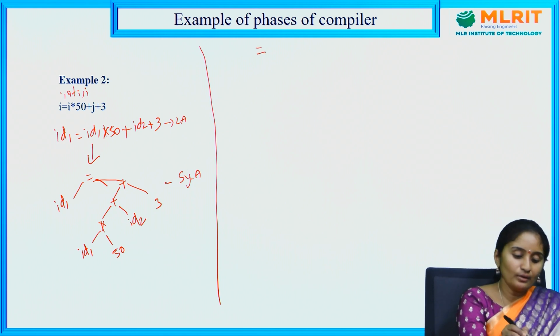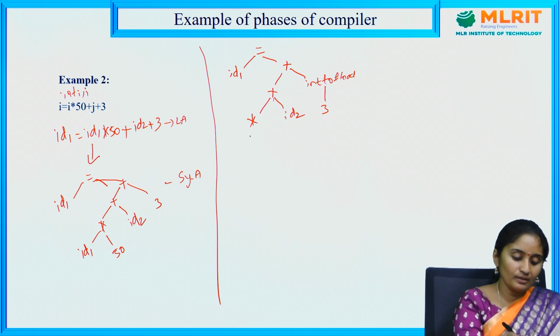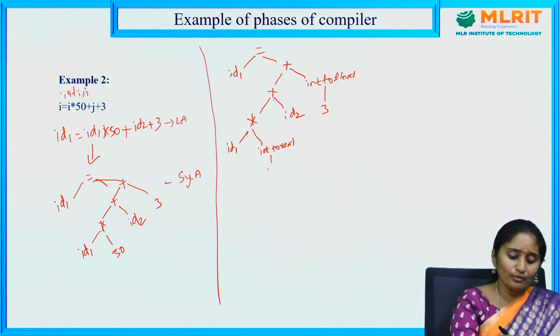So equal to ID1 plus, and 3 we convert into float, into to float. Nothing else changes. The next plus ID2, next multiplication ID1, and here 50. 50 is also converted into float, int to real or int to float, it doesn't change.